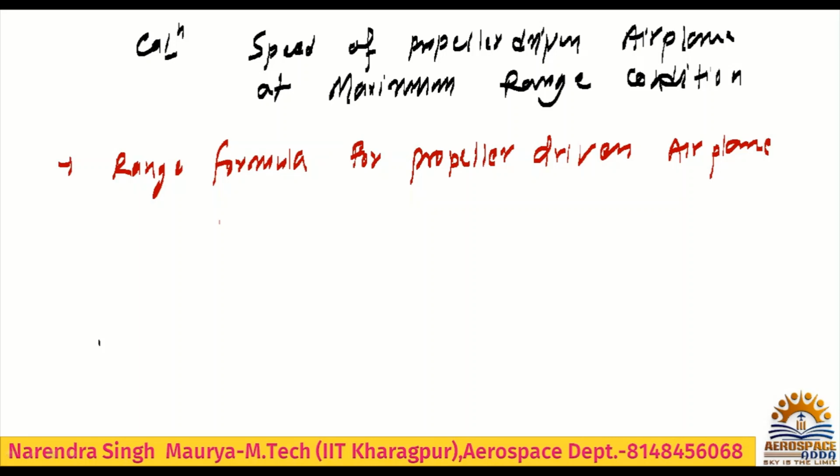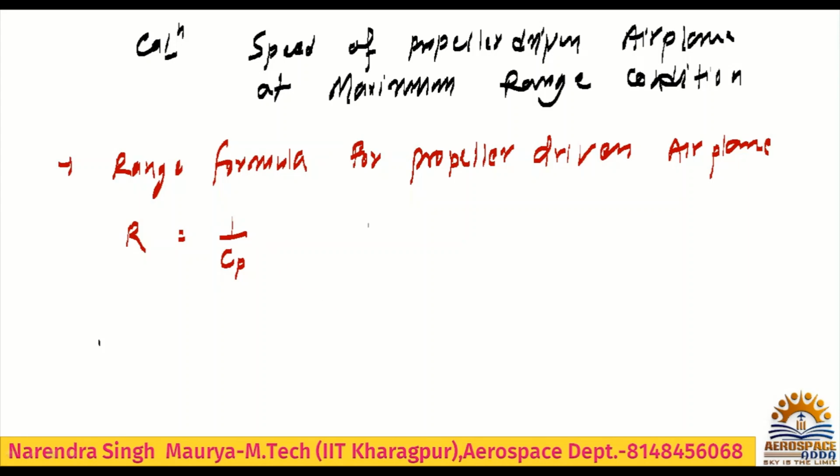All right, so now we'll write the range formula for propeller driven airplane. So range is equal to 1 upon, it is propeller driven, so you have to write cp. Cp means, just like for jet engine it is ct, ct means thrust specific fuel consumption, so cp means power specific fuel consumption. That's the point, because for the propeller driven engine or a turboprop engine or a piston prop engine, you have to talk about the power, not thrust.